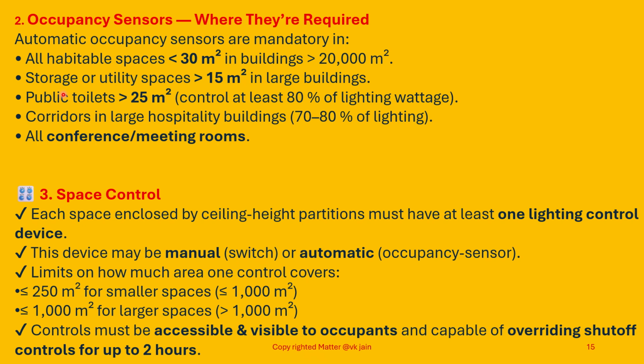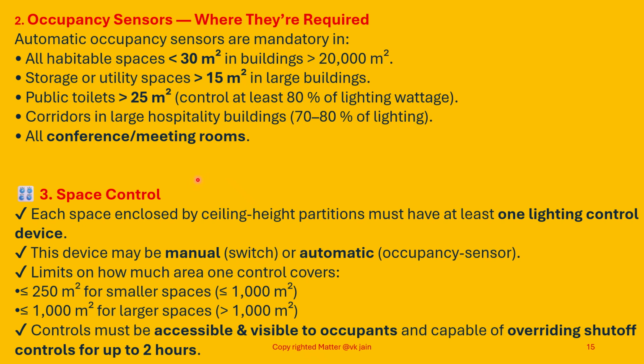Public toilets more than 25 square meter in area, controlling at least 80% of the lighting wattage. Corridors in large hospital buildings, 70 to 80% of lighting. All conference meeting rooms. So in a healthcare industry, there is a large number of corridors, and this is where we can save the energy.